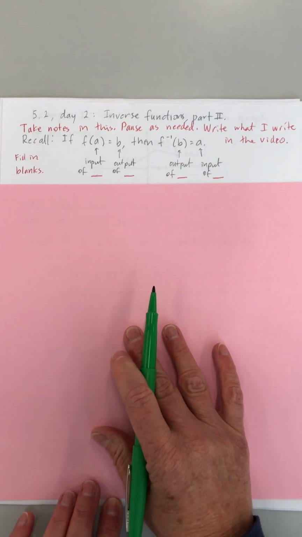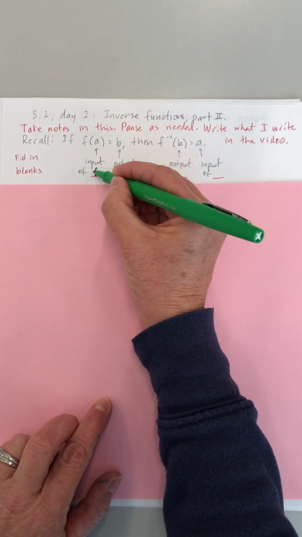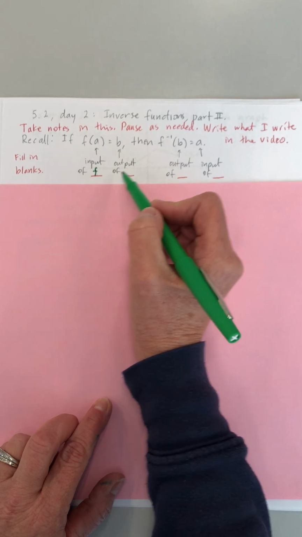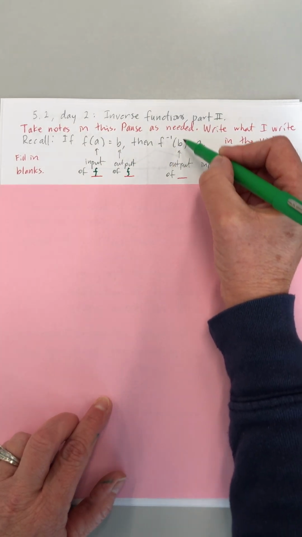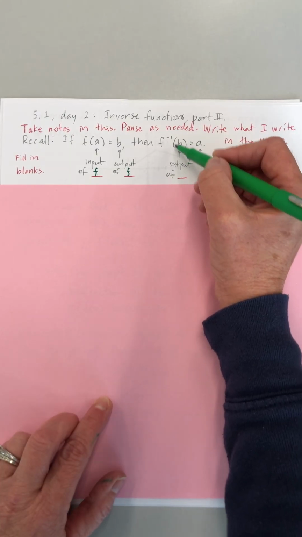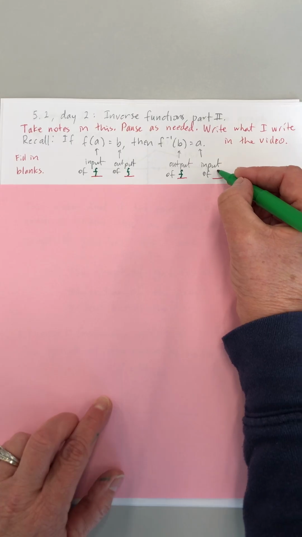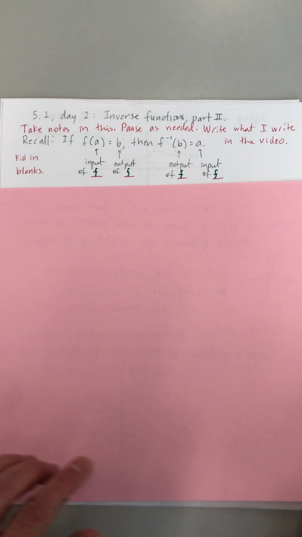Okay, so we could say that a here is the input of f, and b here is going to be the output of f. Then what goes in, really emphasizing, what goes into the inverse is an output of f. What comes out of the inverse is an input of f. Okay, so those roles swap from the function to its inverse.